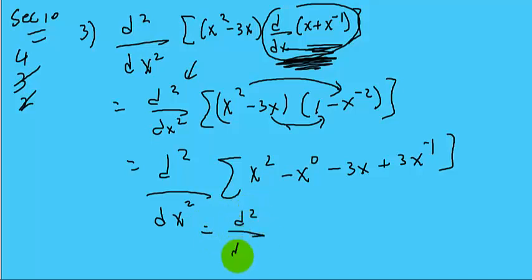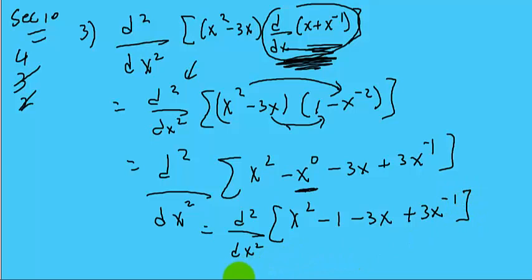Let's clean it up some more. d squared dx squared. Remember, I keep writing everything all over again. This is x squared minus, and what's that really? 1. So minus 1, minus 3x plus 3x to the negative 1. Now, we are taking two derivatives.